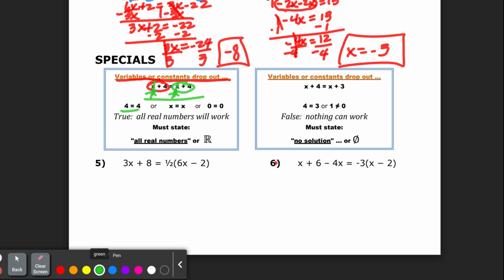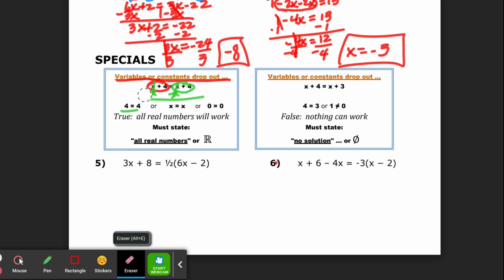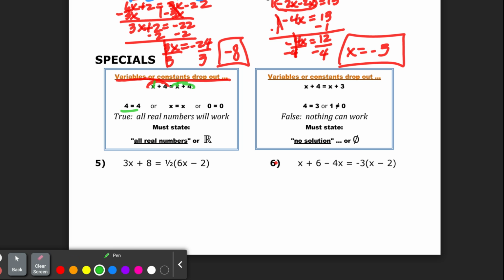Or let's say that I subtracted 4 from both sides. So when I do that, then I'm left with x is equal to x. Or then if I subtract x from both sides again, then I have 0 is equal to 0.